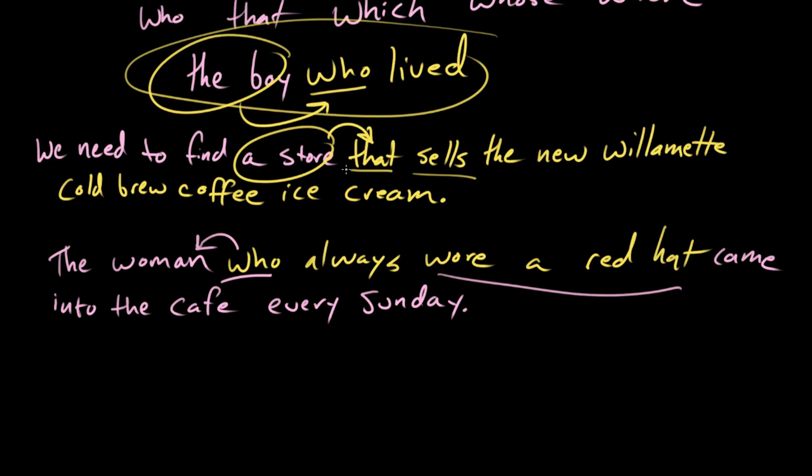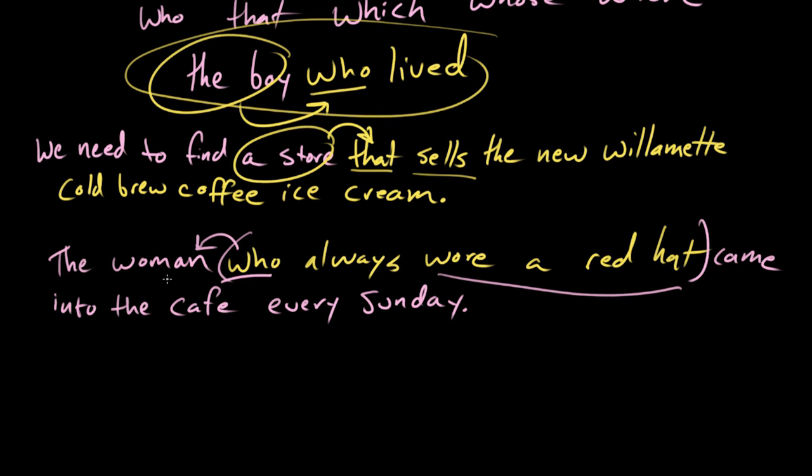Now, the challenge here is when you see sentences like this in the wild, and when you see sentences like these in the exercises, they're not going to be differentiated for your convenience with two different colors. So you have to be very careful to figure out where this dependent clause begins and ends, so you can parse, so you can make sense of this sentence. So really, what is this sentence actually saying, just on a base level?